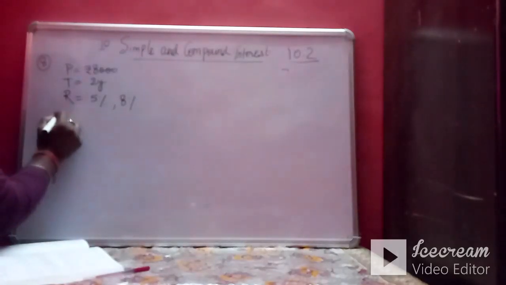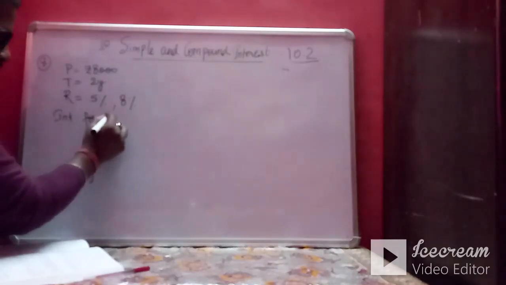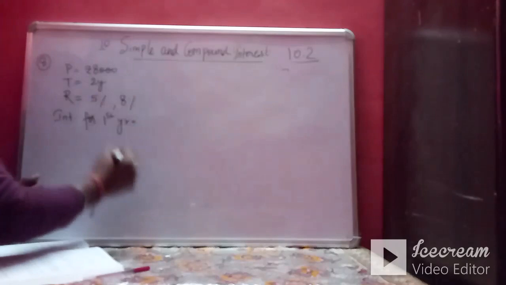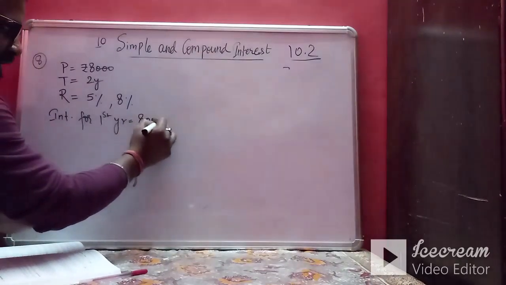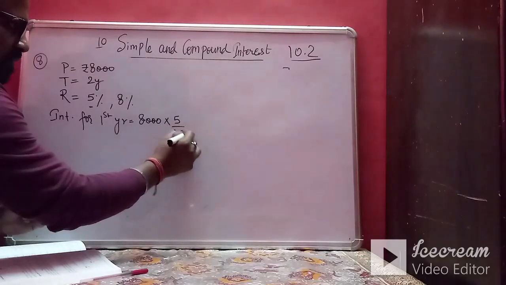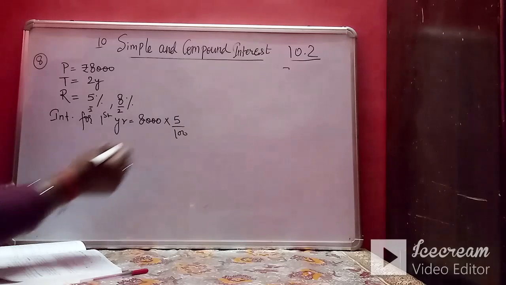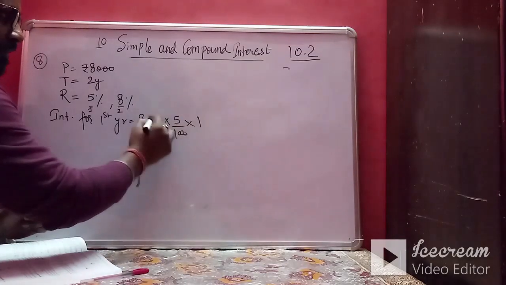So first we will calculate interest for first year. So it will be 8,000 P R. We will take 5% for the first year, and this 8% we will take for the second year, into 1.